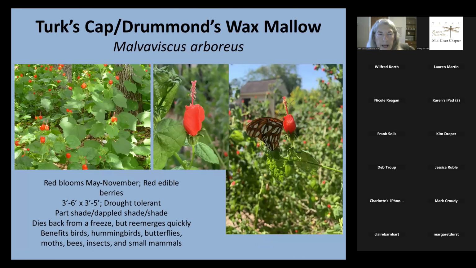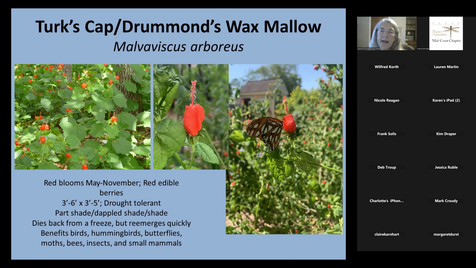All right, Turk's cap, also Drummond's wax mallow, has these beautiful red turban-like flowers. And this one also does well in part shade, dappled shade, or full shade. It's another one that will die back in the freeze in the winter, and so you have to cut it down and then haul that debris off.